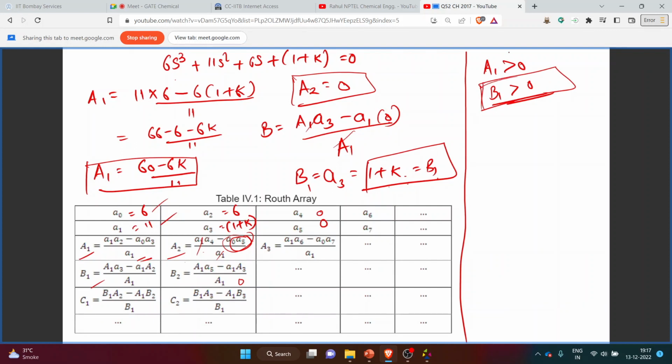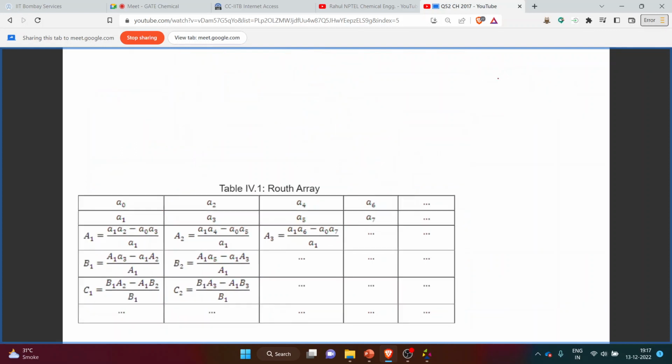Now we need to comment on A1. A1 should be greater than 0, which implies 60 minus 6k upon 11 should be greater than 0.